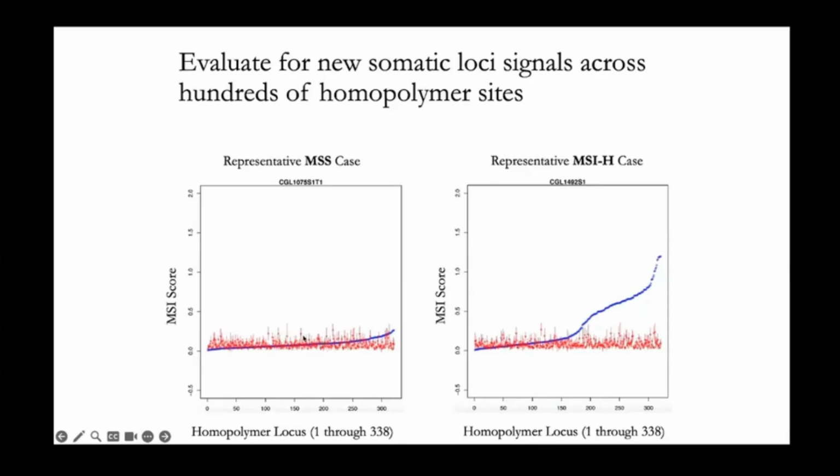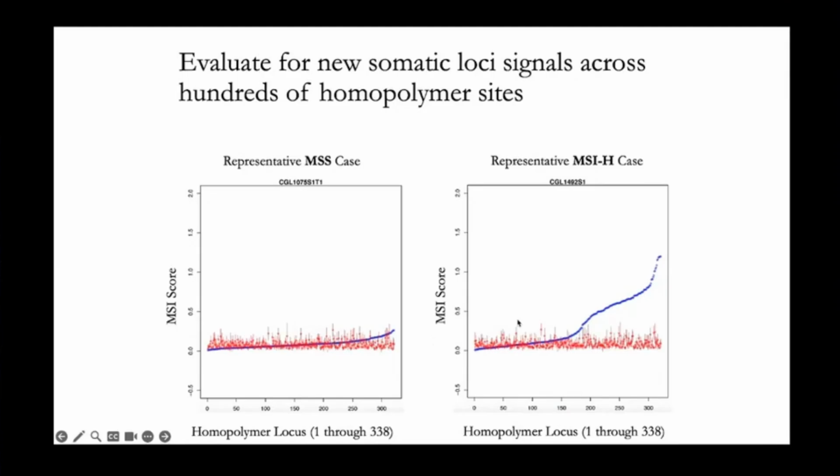This particular case on the left is a stable case, and all of the data from the tumor is in blue, and most of it shows up within the range of normal that we would expect from the loci that we've looked at in our normal samples, and only a few percent of them go outside the range, and that's a stable case.